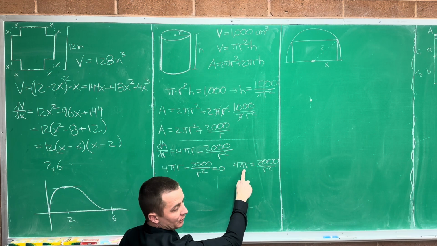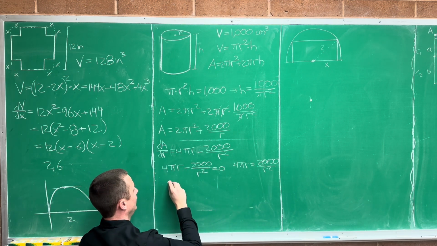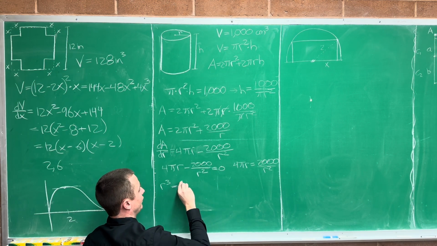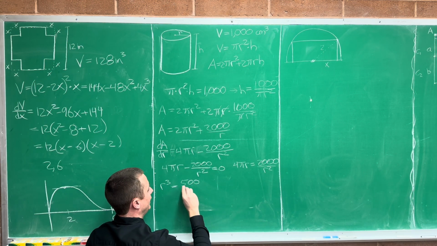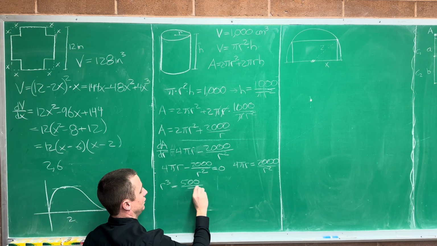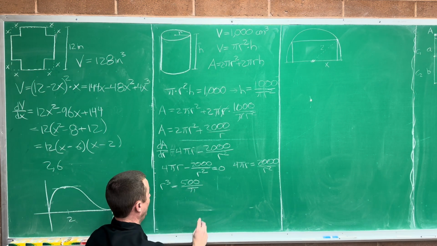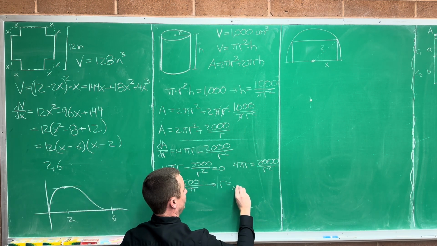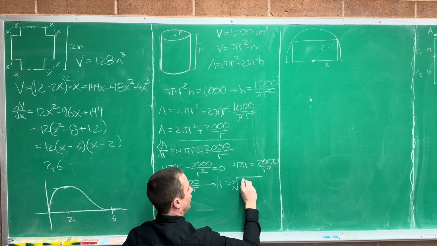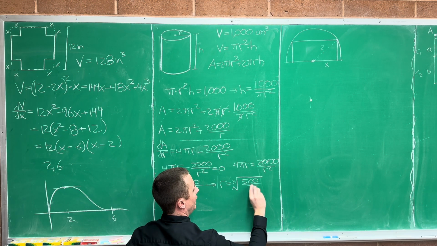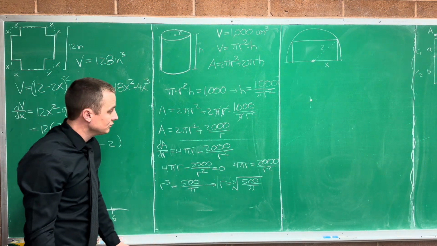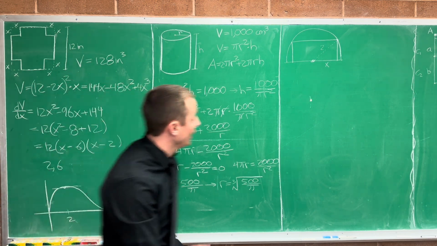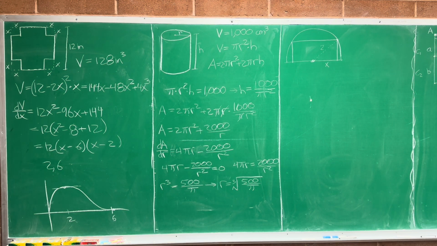Multiply this side by r squared and divide this side by 4 pi, and I get r cubed is equal to 2,000 divided by 4 is 500, and then divided by pi, so 500 over pi. Okay? And so that gives me that r is equal to the cube root of 500 over pi.